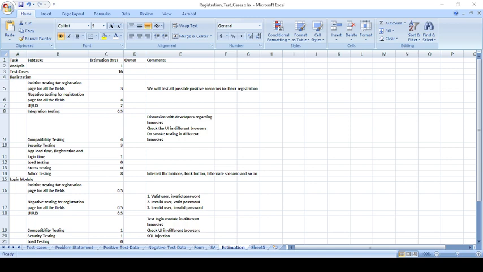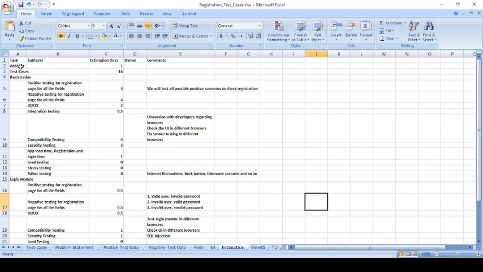From our experience of writing test cases and our experience of checking the standard approach to write test cases, we'll use that as well while providing estimation. So what is the first thing that we need to do while providing estimation?